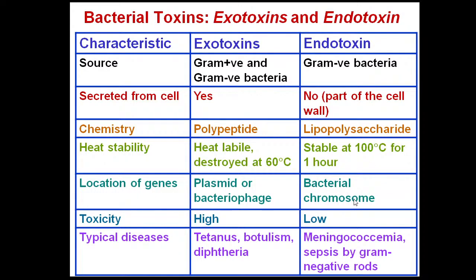While the exotoxins are extra substances. Maybe they are not needed within the normal life of bacteria, but they are important when bacteria multiply in the human body. So usually, the regulation of the exotoxin production is under plasmid or bacteriophage control.